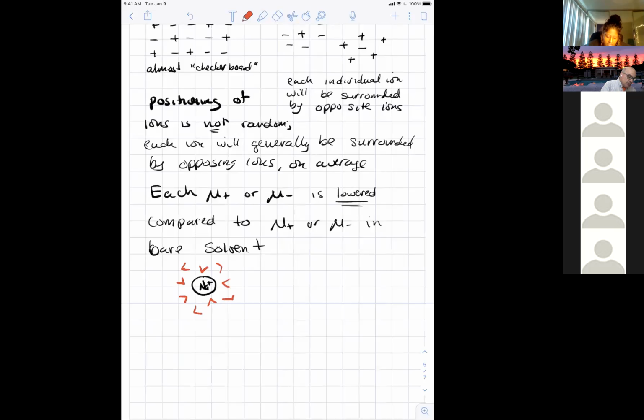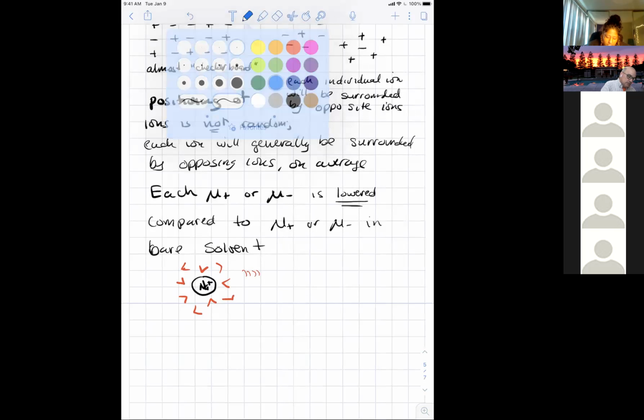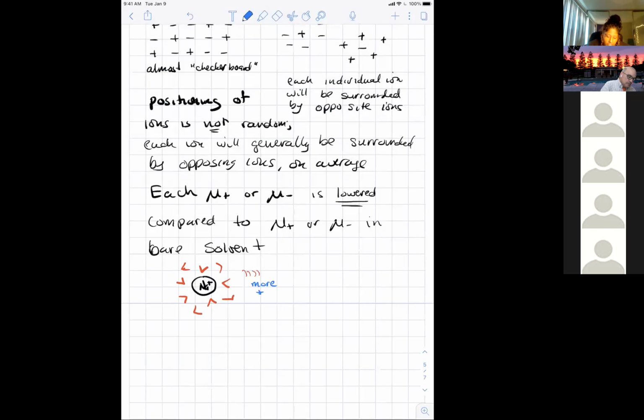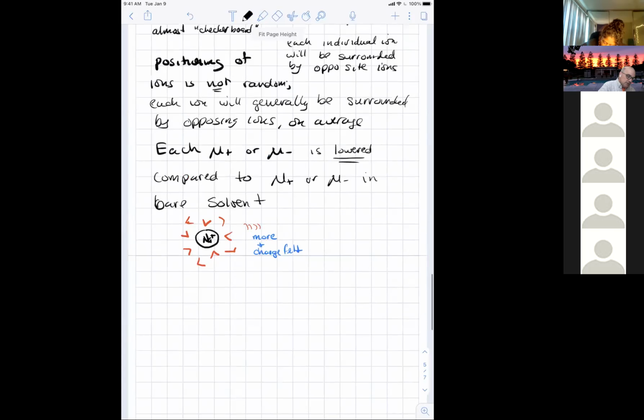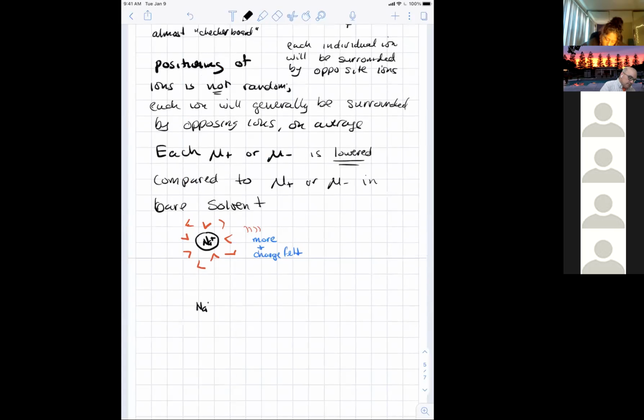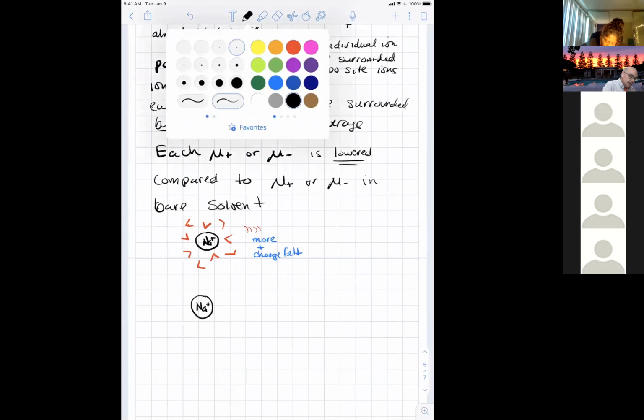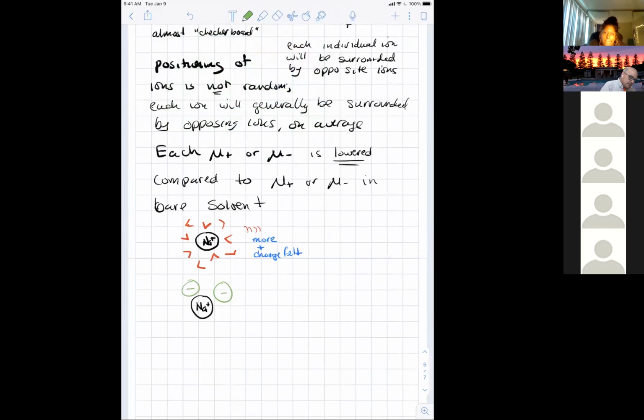and out here, you can still feel this positive charge. In other words, at some distance, I don't know, 3, 4, 5, 10 angstroms, let's just say 10 angstroms, you'd feel that positive ion more than if you had a sodium like this and you had some chloride ions, right?